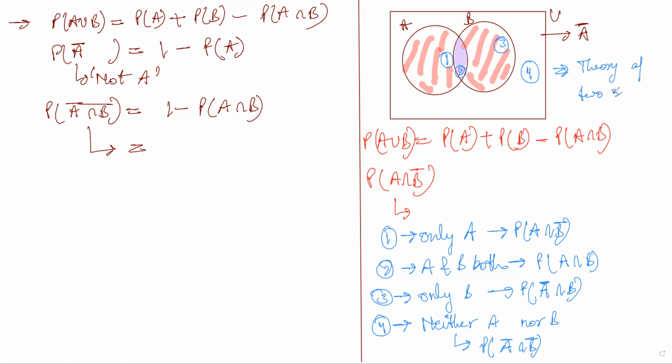One is only A, one is A and B, one is only B, and the last one is neither A nor B. Now the question is, how can we find them? So probability of A, probability of B, and probability of A intersection B. You will be given 3 out of these 4 things.